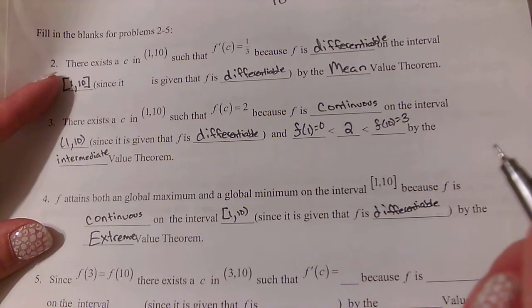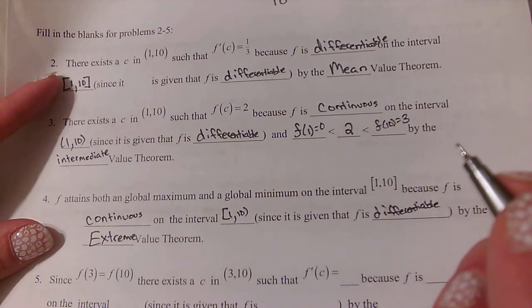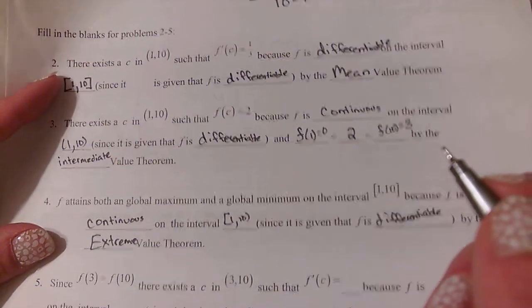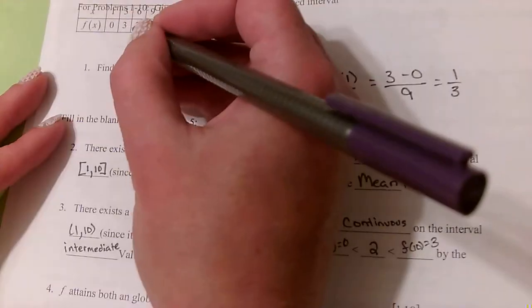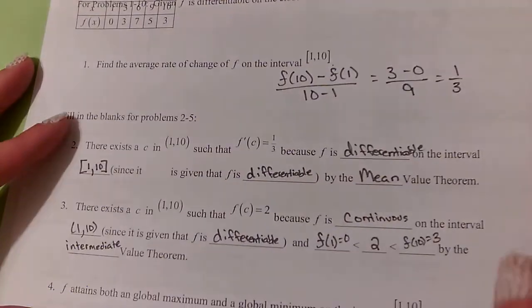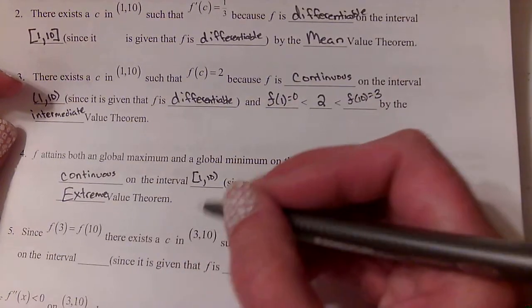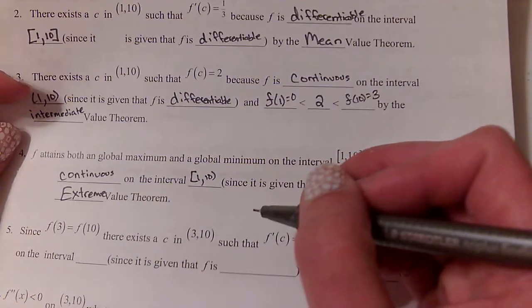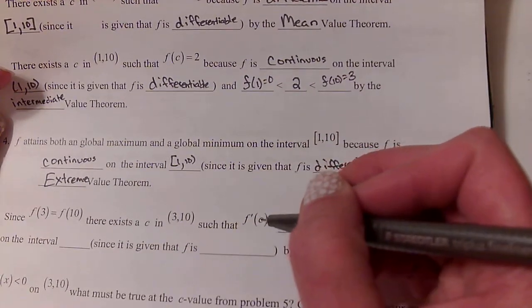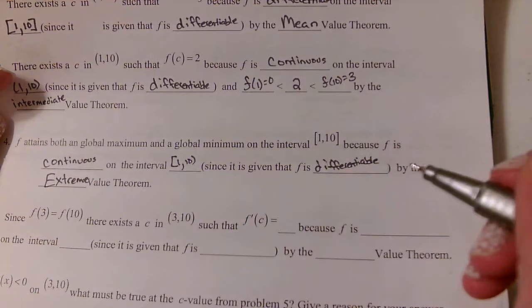All right, so let's see what else we got. f of 3 equals f of 10. So we're back at the table. f of 3 is 3. f of 10 is 3. It does. Since that's true, then there exists a c value in that interval such that f prime of c equals what?